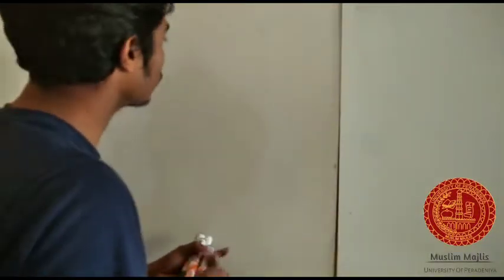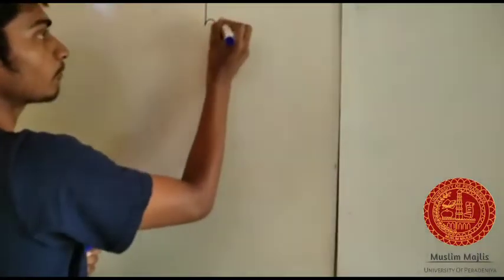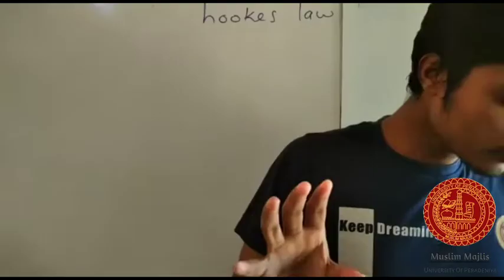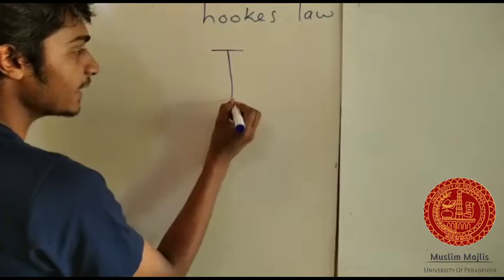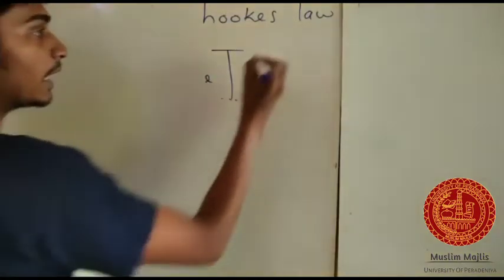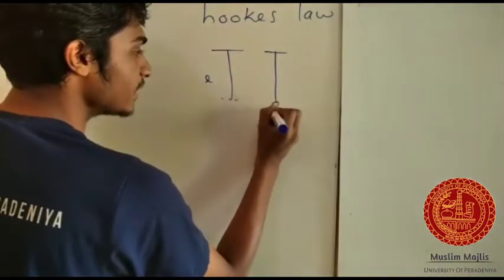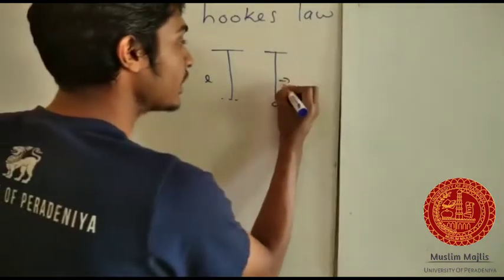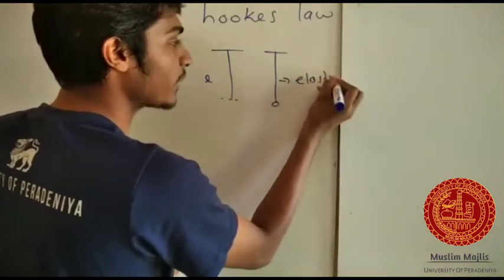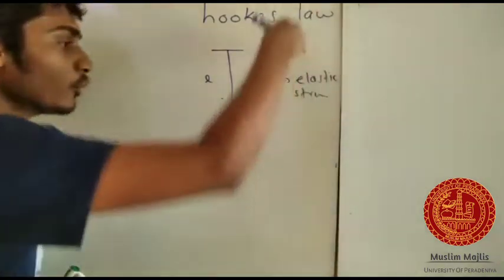All right, so Hooke's law. What does Hooke's law mean? When you have a string, let us draw a string like this, and this is the natural length of the string. If you tie a mass, what is going to happen? Since this is an elastic string, it is going to come down.